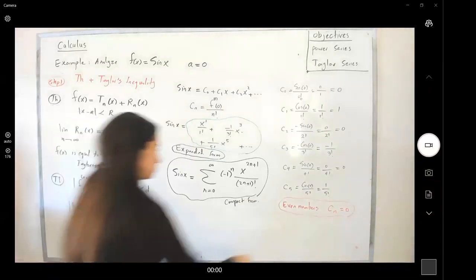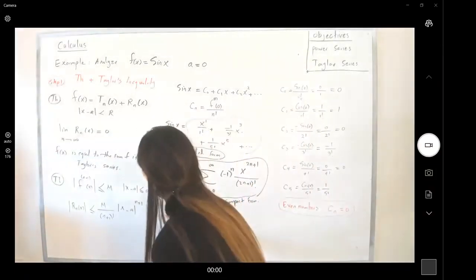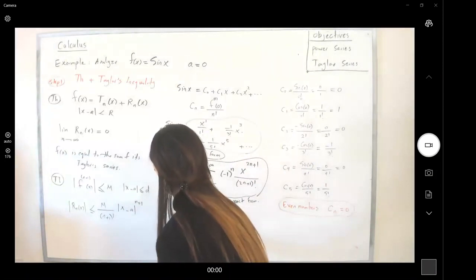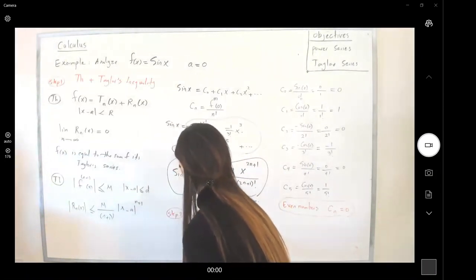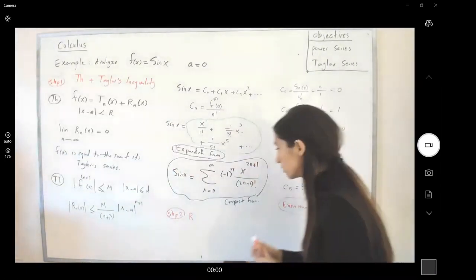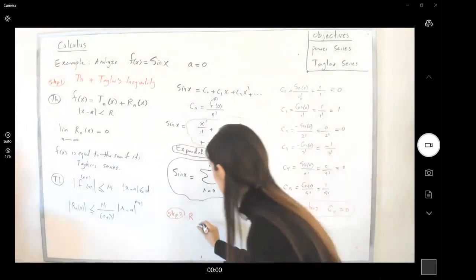So in the next step, step 2, you need to find R, the radius of convergence, by using the ratio test.